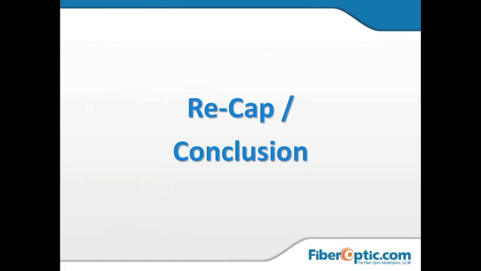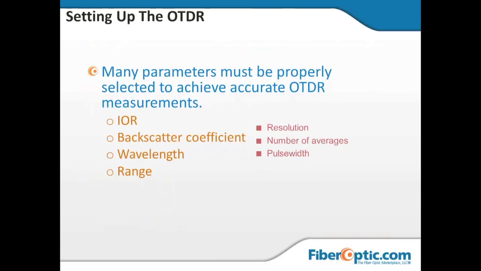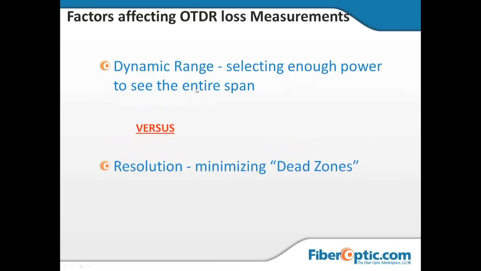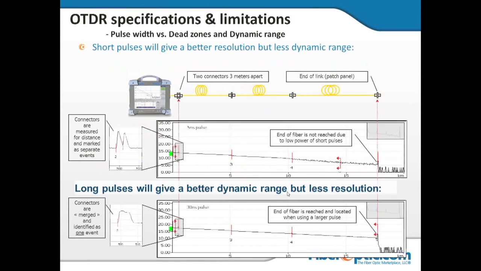All right, so wrapping up and in conclusion, some of the parameters that have to be set correctly: index of refraction, backscatter coefficient, wavelength, range, resolution, number of averages, and pulse width. Remember that dynamic range and resolution and pulse width is all going to affect your dead zones and how well you can see the entire span and noise at the end, and all of that's going to play together.